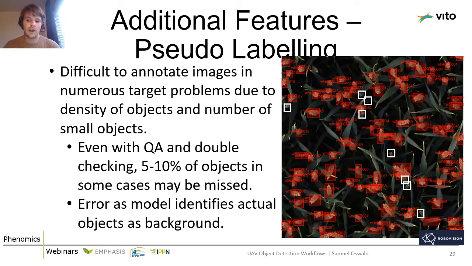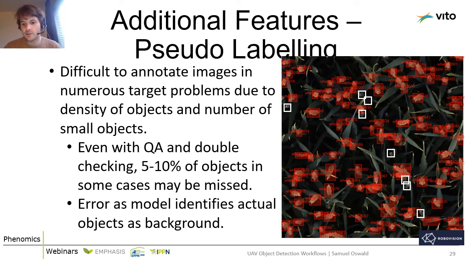As I've said, the annotation process is still a manual process, so it involves humans labeling all of these images. And it's just a fact that if you're labeling, in this case, around 97 wheatheads in this image, you're probably going to miss a few, which might just be a bit harder to see, facing in an oblique direction. And this can ultimately add error and confusion to your model.